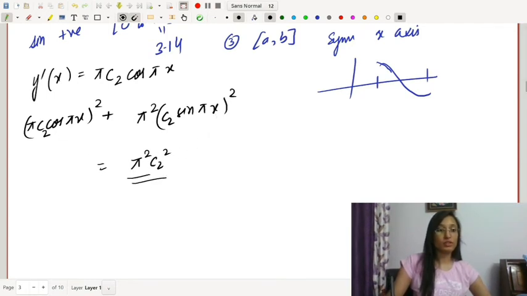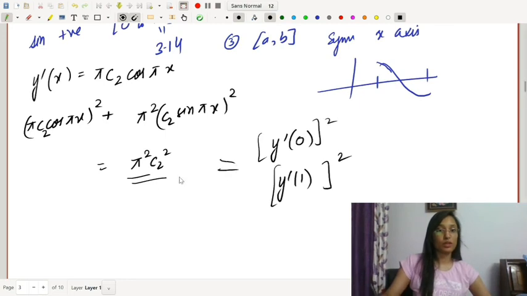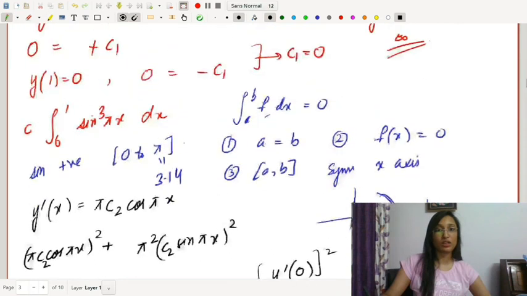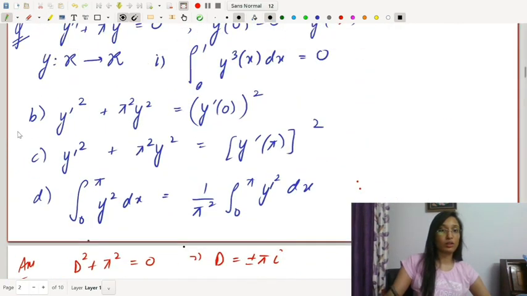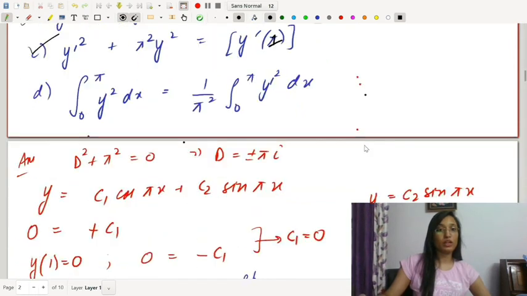So it would give us this value, which indeed is equal to y dash 0 whole square and y dash 1 whole square, that is this quantity. Hence B and C options are correct. Here also it is 1. And D option is wrong.